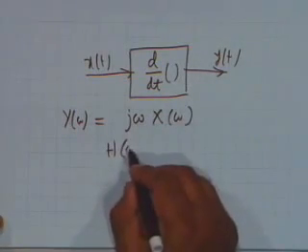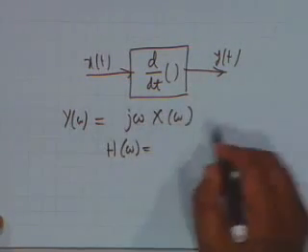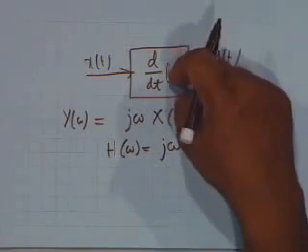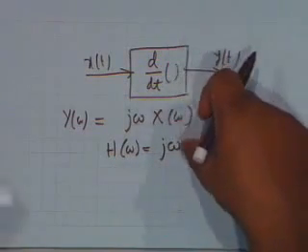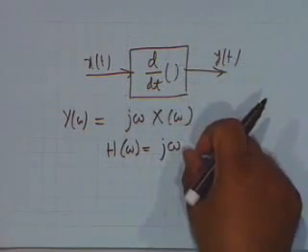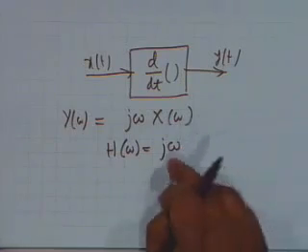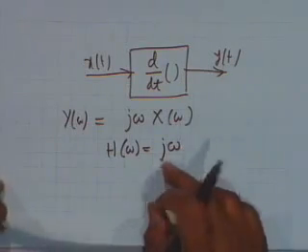Therefore H of omega is j omega. Differentiation in the time domain is simply multiplication by omega in the frequency domain, except for a phase change of 90 degrees, because the product is j.